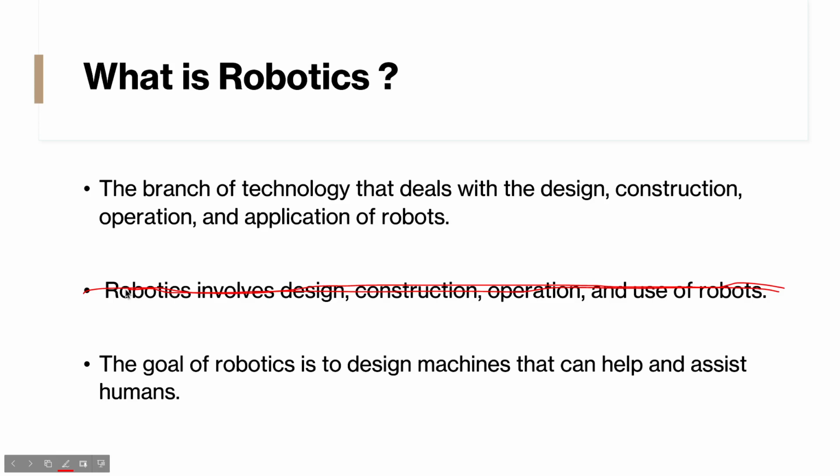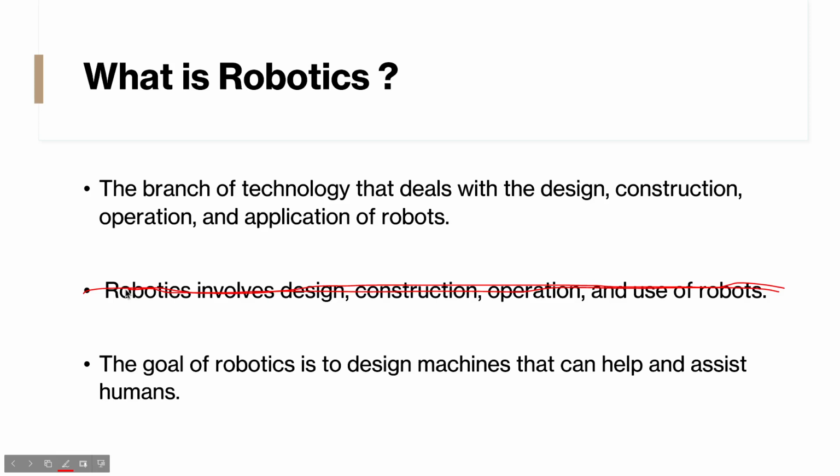Now, what are robots? You all might be knowing this. They're just machines that are made to help us fulfill our daily tasks or do them with great efficiency. I will also talk about why to use robotics, why to learn robotics.